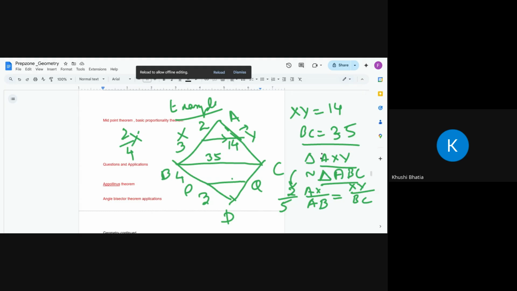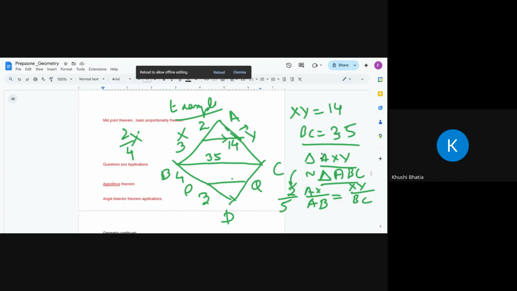We have PD and BD, which is 3 by 7, and it is equal to PQ and BC, which is 35. So we got 15 as the answer for PQ.